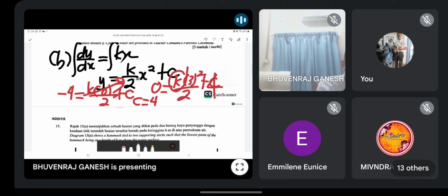Okay, you can find the value of K now. So you will get, let me see, let me calculate over here. You will get 9K over 2 equals, K you will get negative 8 over 9, if I'm not mistaken. Okay, you can count and see. K is negative 8 over 9.